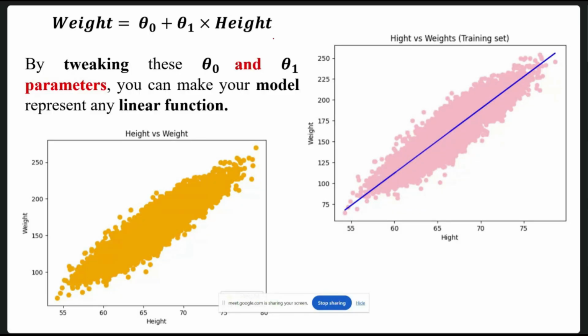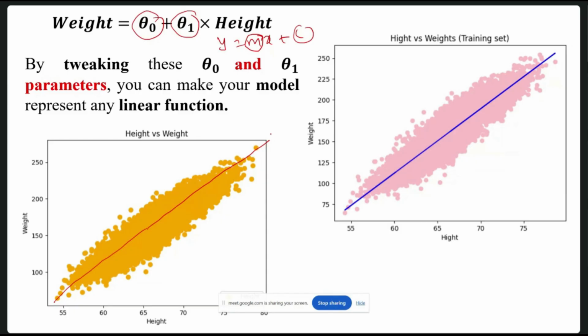By adjusting the values of theta naught and theta 1, that is, m and c in y equal to mx plus c, we draw a line that exactly fits our entire data set.